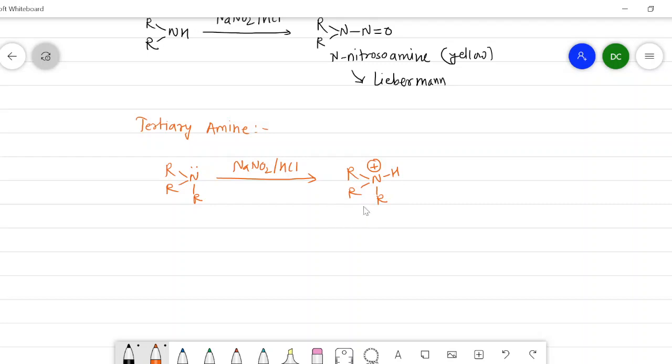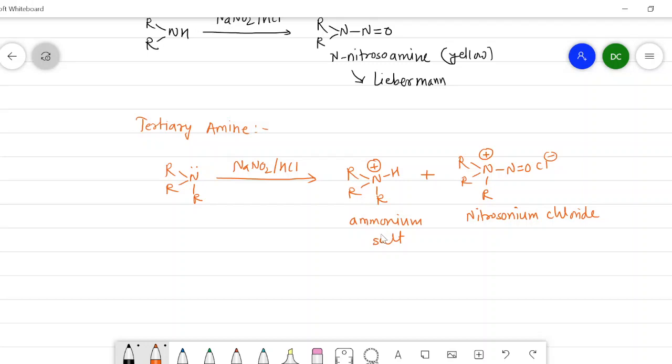It is the quaternary ammonium salt. A similar product is obtained, but with nitrogen attached to the NO group, that is the nitroso group, with a positive charge and a Cl minus. So we get a nitrosonium chloride, or a quaternary ammonium salt, as a product in case of a tertiary amine.